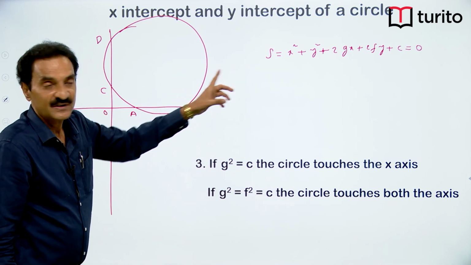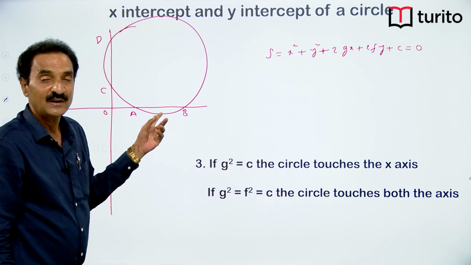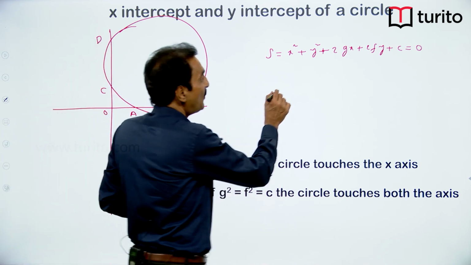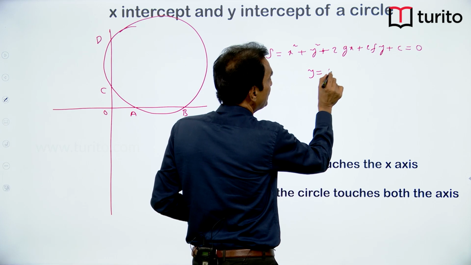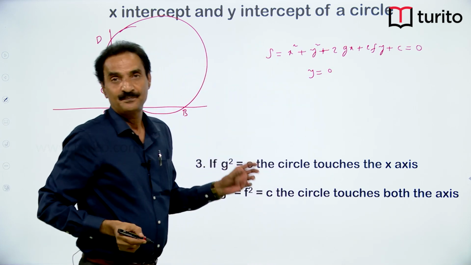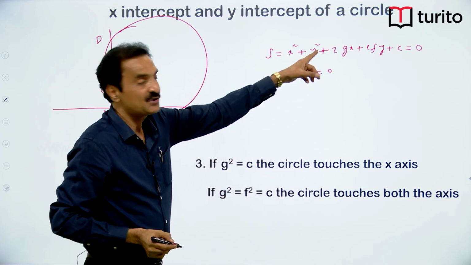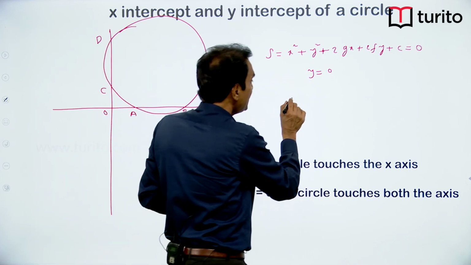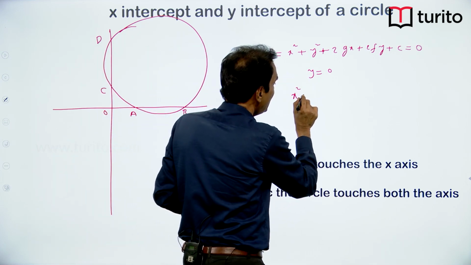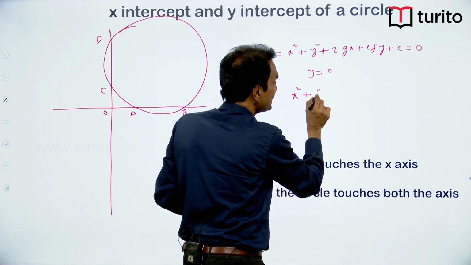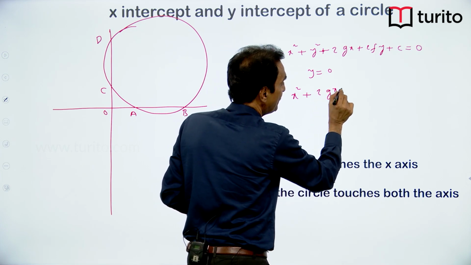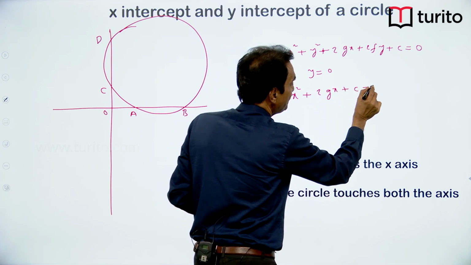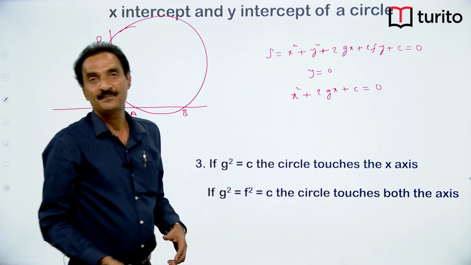You will solve the equation of the circle and the equation of the x-axis. What is the equation of the x-axis? Y is equal to 0. Putting y equal to 0 in the equation of the circle, we get a quadratic equation, x square plus 2gx plus c is equal to 0.